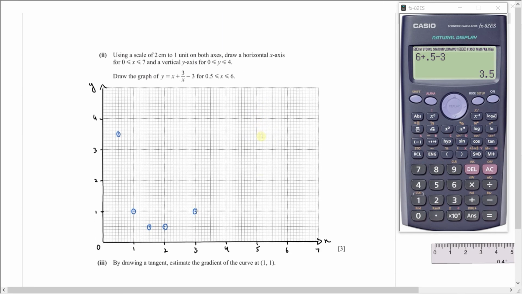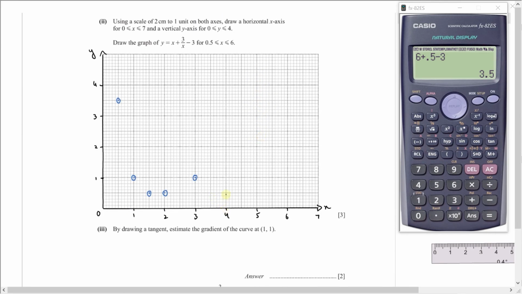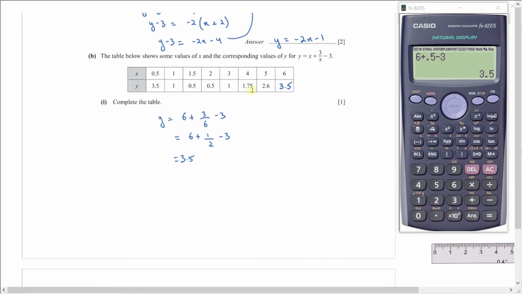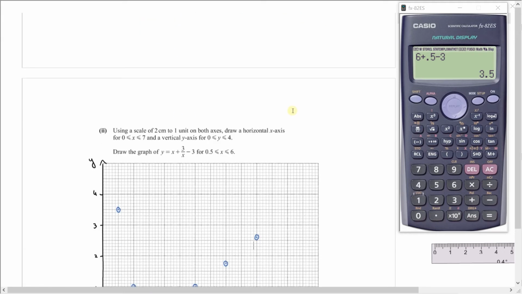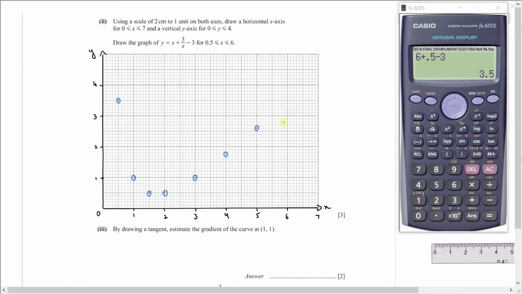4 and 1.75. 4 and 1.5, 1.6, 1.7, and 1.75 will be in the middle of this small block here. 5 and 2.6. 5 and 2.5 and 2.6 is this. And then you have 6 and 3.5. 6 and 3.5 will be this value here.